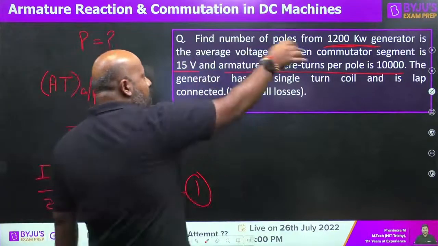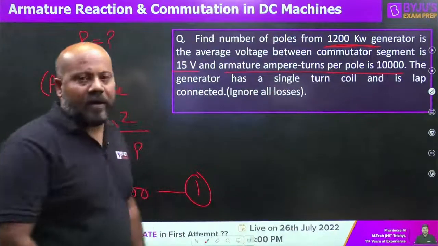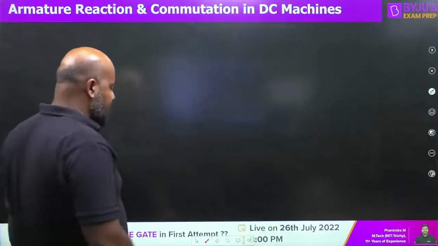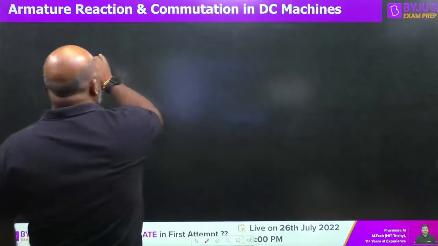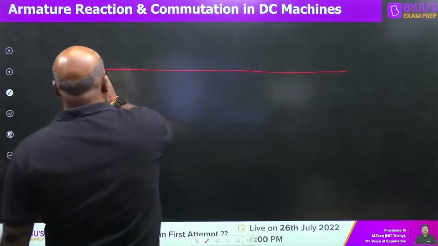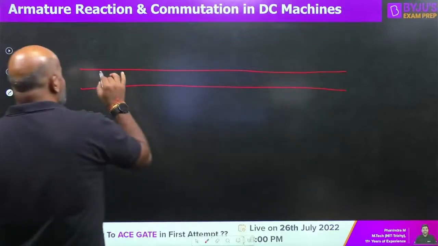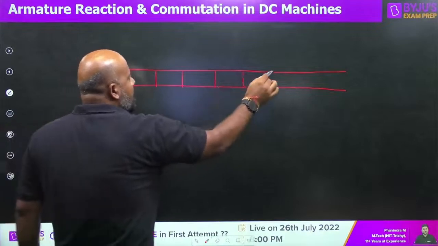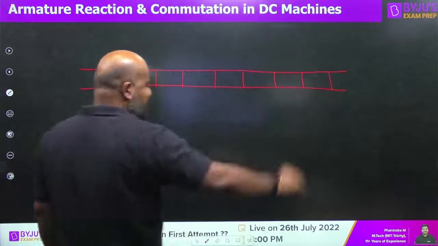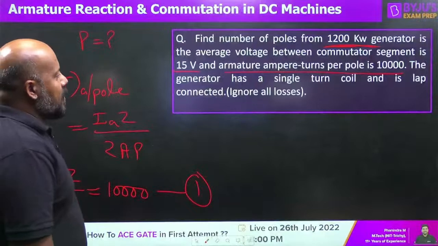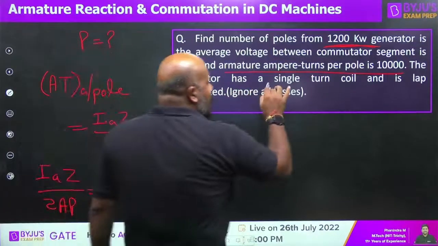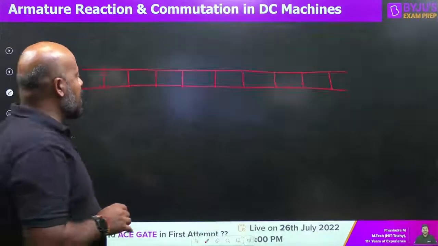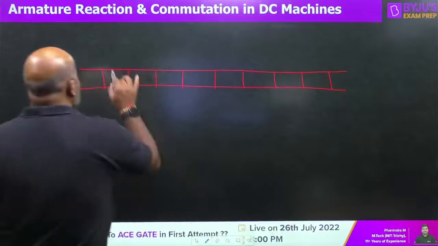Now let us try to decode this statement: the average voltage between the commutator segments is 15 volts. What is the meaning of this statement? Let us understand. This is your commutator segment. In the question he is saying the generator has a single turn coil. What is the meaning of single turn coil?